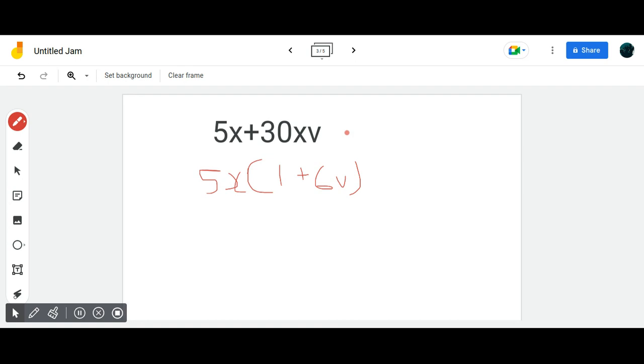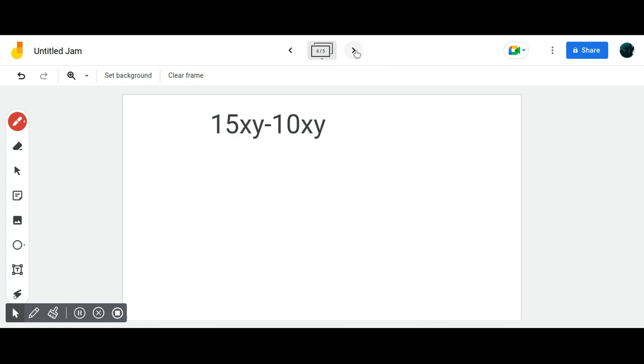Right? And if we go ahead and expand it out, we should be able to get the same answer. Right? Because 5x times 1 is going to give us 5x, and 5x times 6v is going to give us 30xv. So this is our final answer.